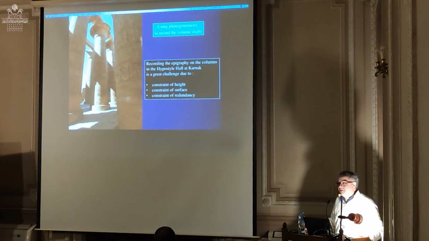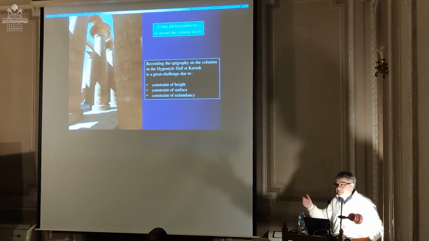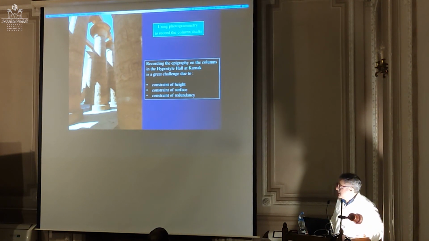And the apparent constraint of redundancy as well, since 134 columns that in appearance have more or less the same patterns of inscription may seem a big challenge, considering the number of monuments that have more original, historical inscriptions. But indeed, these inscriptions carry a lot of significance.